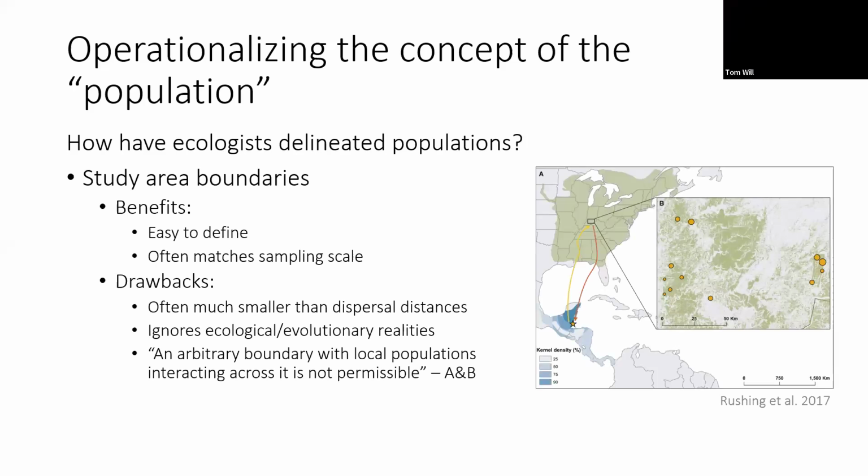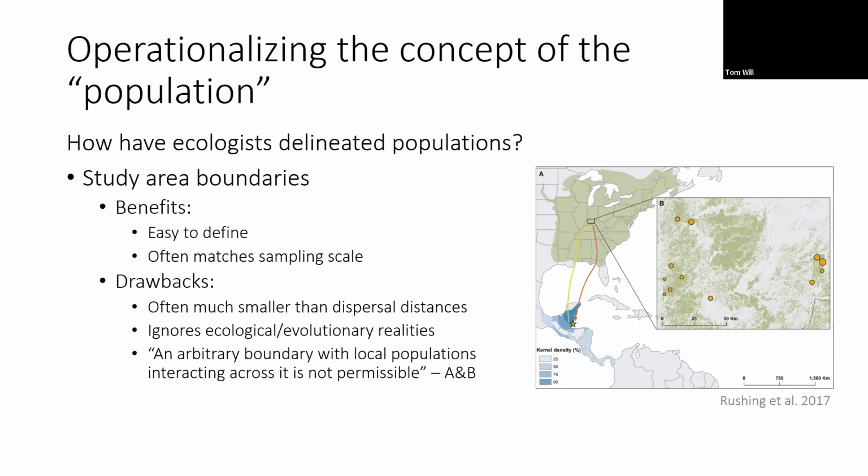And the way we typically define populations is just where we're working, right? So we have a study plot where maybe we've defined the boundaries of it and we go count the birds in that location. And that's nice, right? It's easy to define. It usually matches the scale at which we're sampling, which is important for drawing inference from those data.